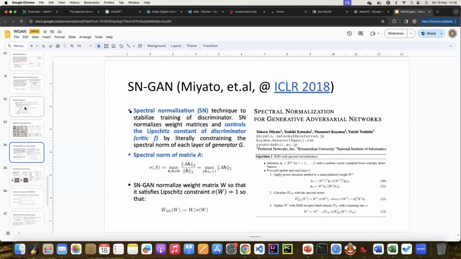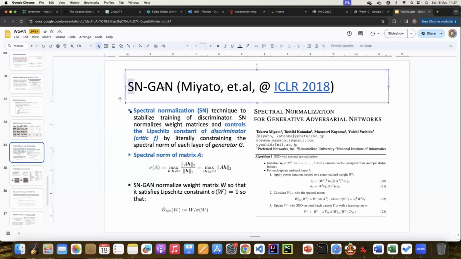The purpose of this normalization is to have a Lipschitz constraint, to make the function smooth, continuous and smooth. That's what we call the Lipschitz property. It's like having a function that you implement at each layer to make the spectral norm GAN more stable.